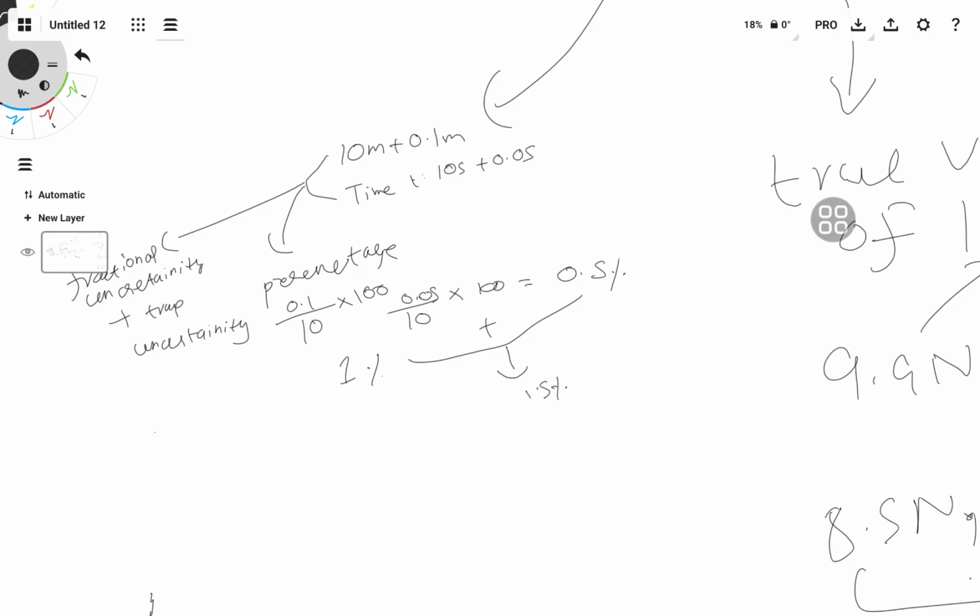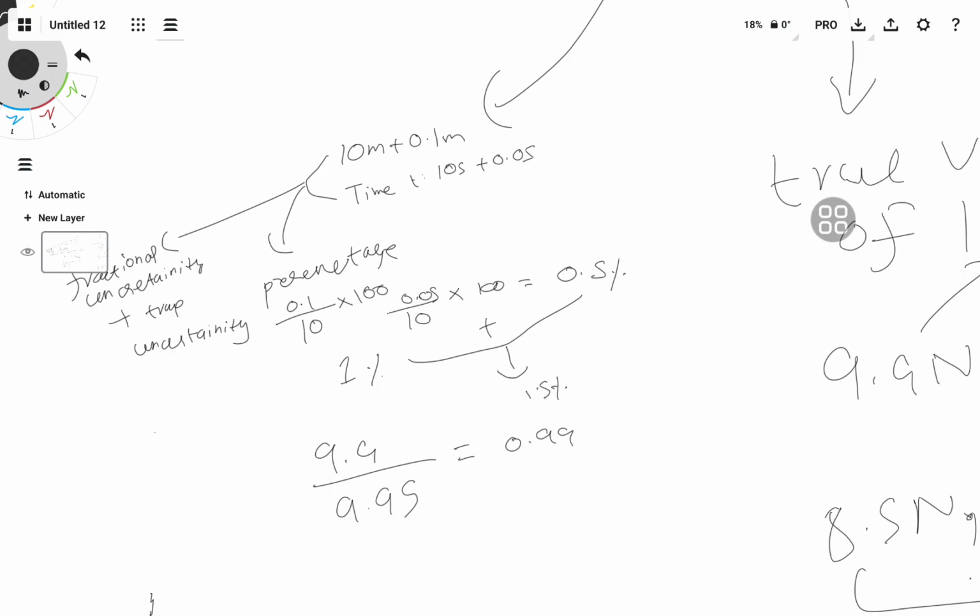Let's say we have 9.9 divided by 9.95, and we get 0.0999.